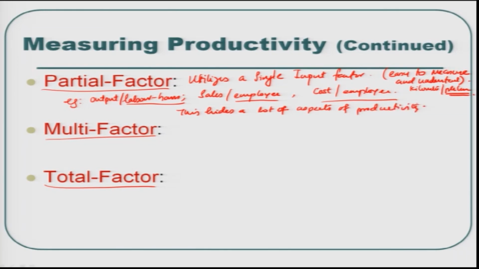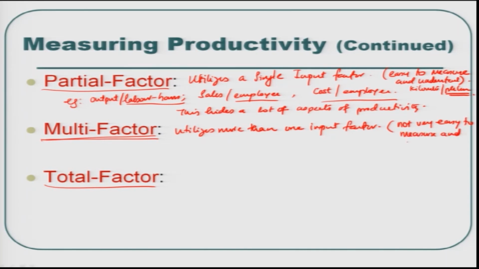Now when we talk about multi-factor productivity, here we utilize more than one input factor. Why do we utilize more than one input factor? Because these are not very easy to measure and understand.